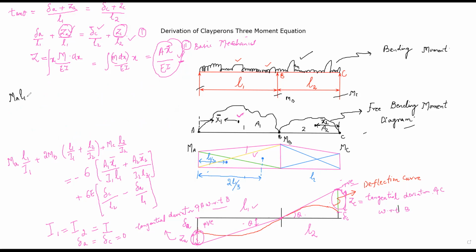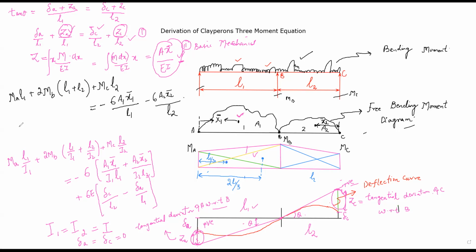L1 plus 2 times MB into L1 plus L2, plus MC L2 is equal to minus 6 times A1 X1 bar divided by L1 and minus 6 times A2 X2 bar divided by L2.